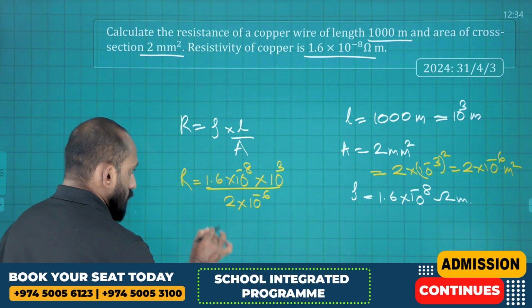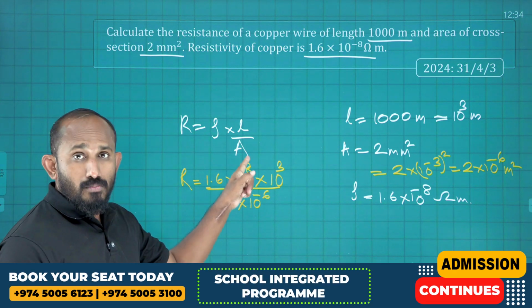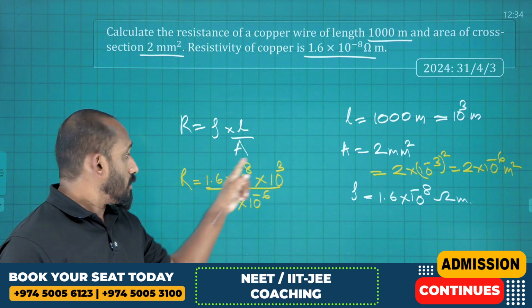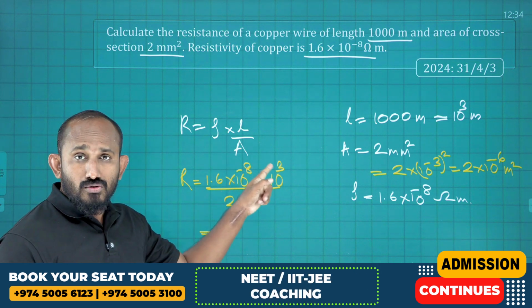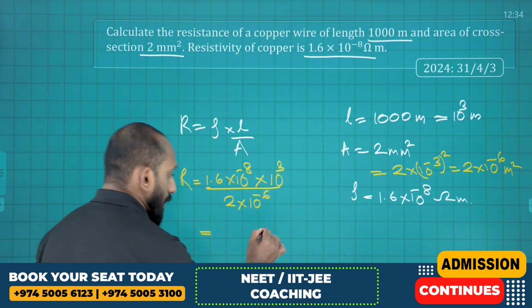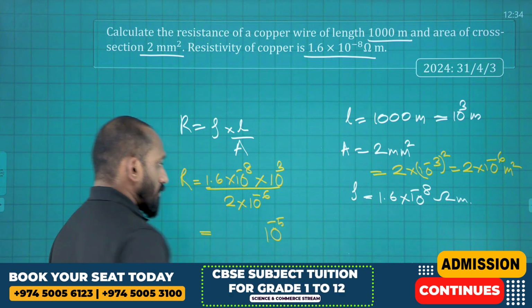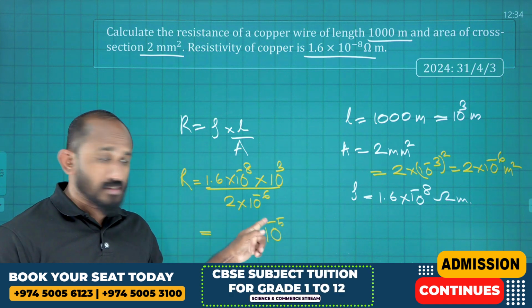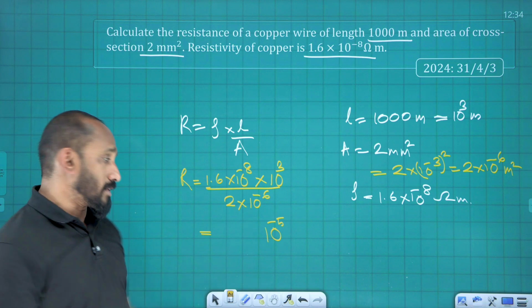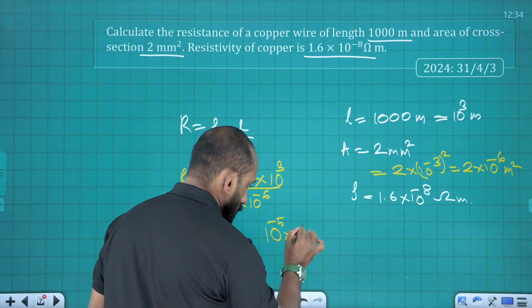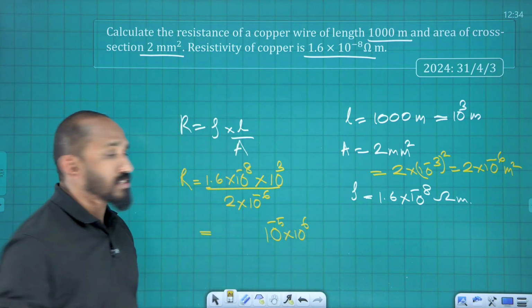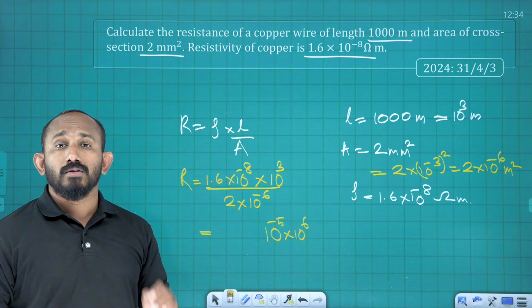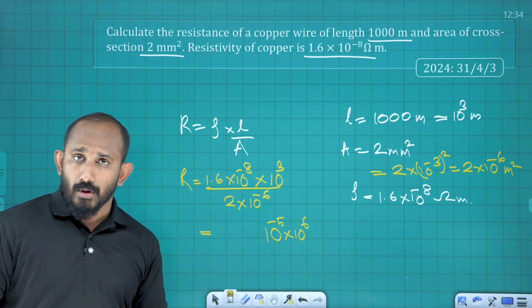So here, it is 1.6 times 10 raised to minus 8 into 10 raised to 3. 10 raised to minus 8 into 10 raised to 3 is 10 raised to minus 5. Then divided by 10 raised to minus 6, you take to numerator, it will become 10 raised to 6. 1.6 by 2 is 0.8.